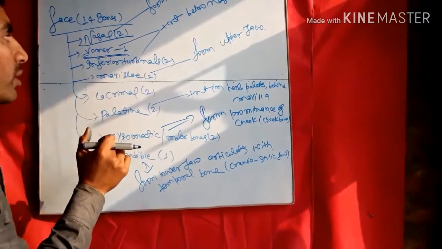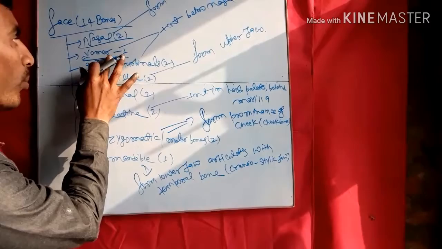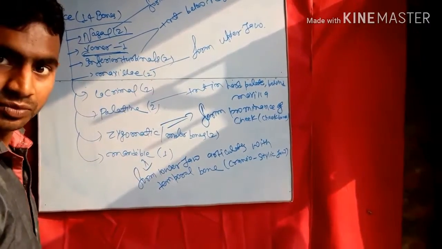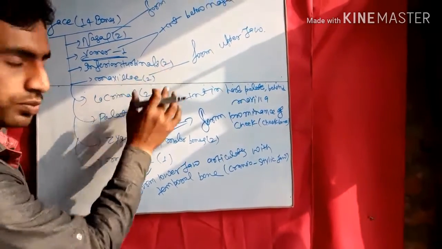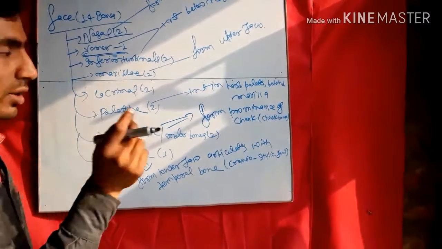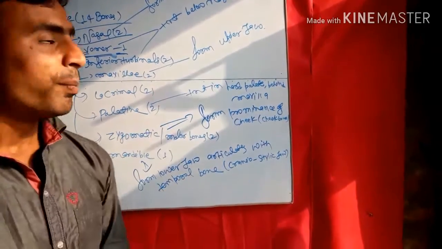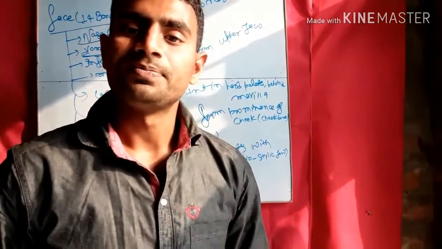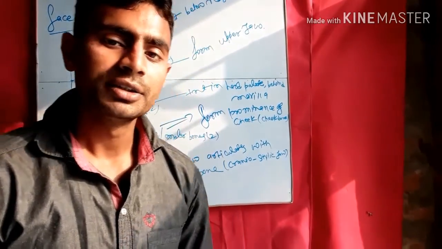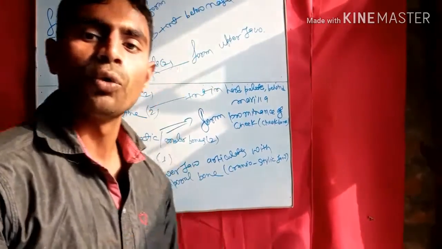Not only vomer, but also the inferior turbinates, whose number is 2. Vomer and inferior turbinates are the names of bones present below the nasal bone.